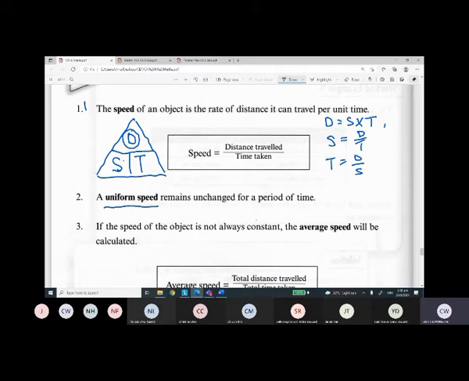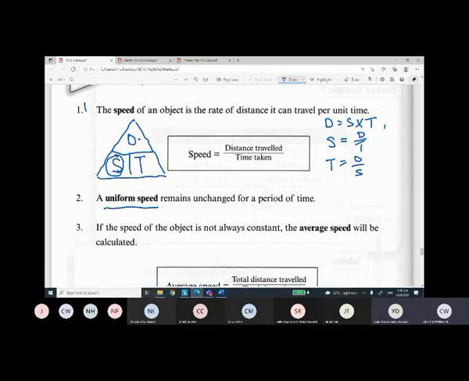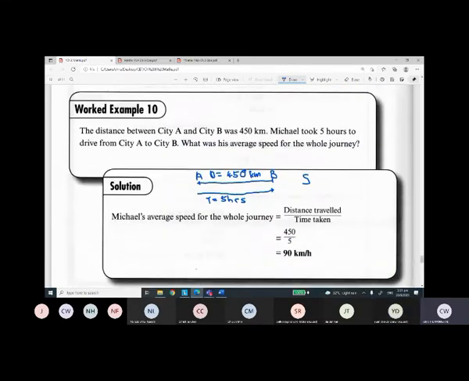So right now the question is looking for speed. If I look for speed, what is the formula, Darwin? Give me the formula for speed. D divided by T. So I'll go back to your question again. If I want to find S, the formula is D divided by T. So what is the distance?